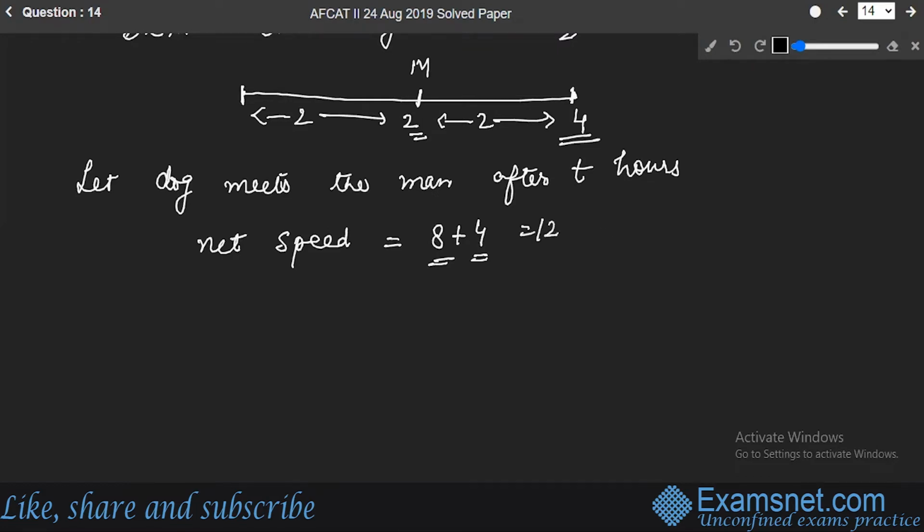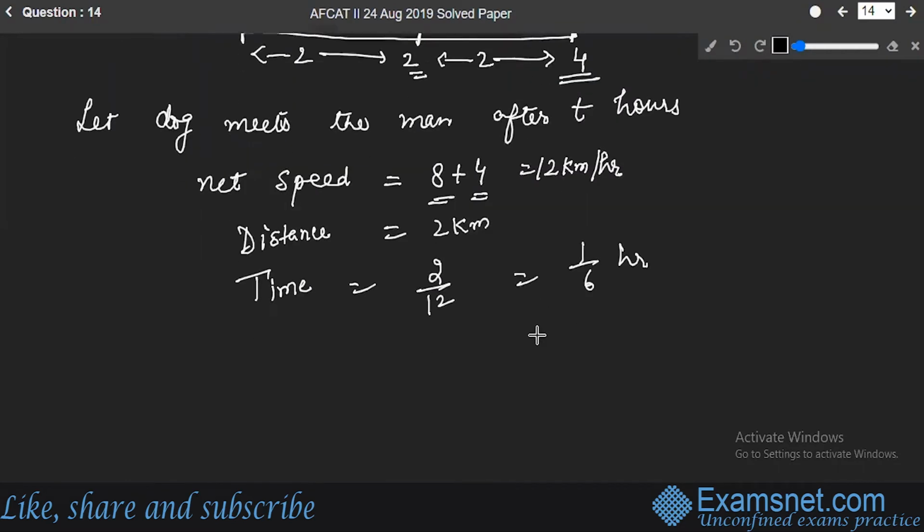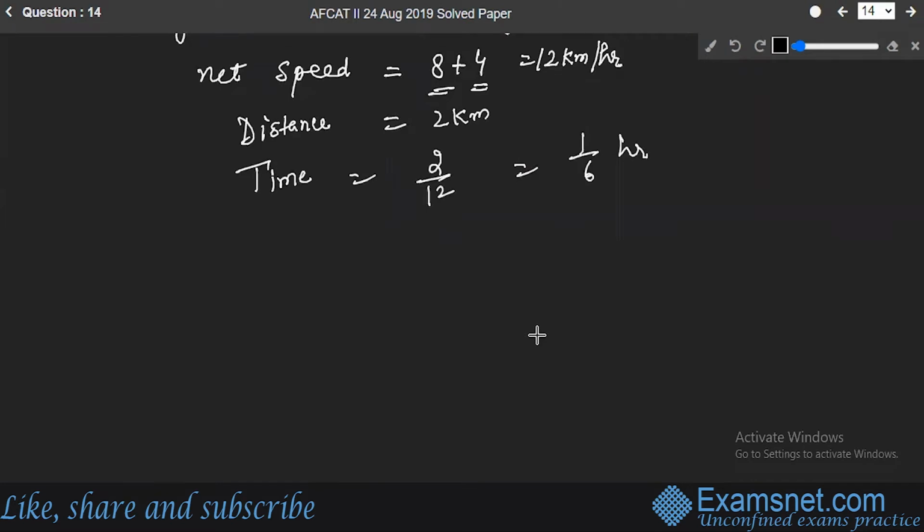So the net speed was 12 kilometers per hour. Distance was 2 kilometers. Therefore, time taken will be distance upon speed. That will be 1 by 6 hours. So this time taken is 1 by 6 hours when they first met.